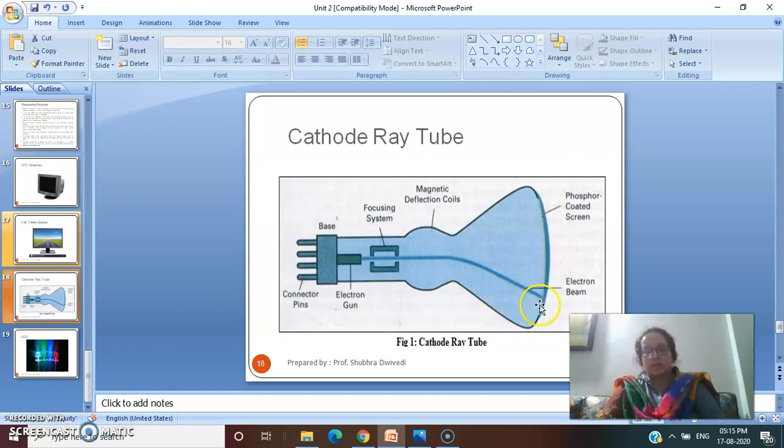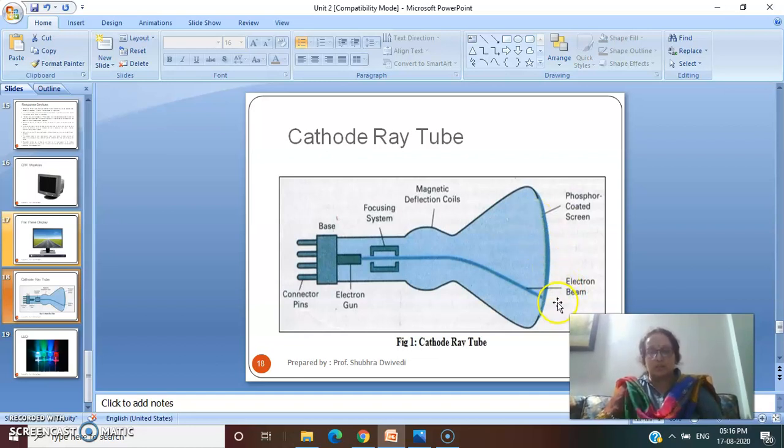Once they hit the phosphorus coated screen, light is produced. That is the light with the help of which you are able to see the images on your computer or your televisions.